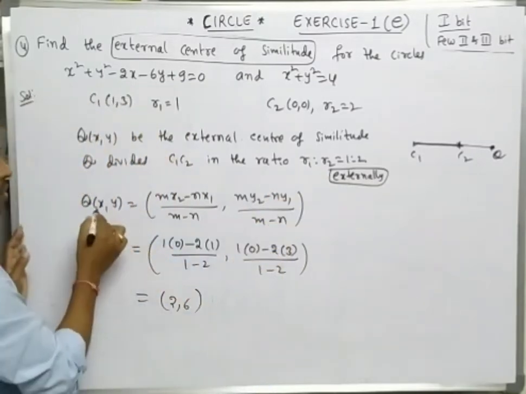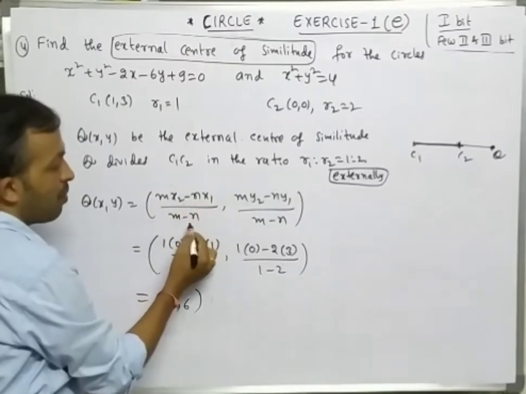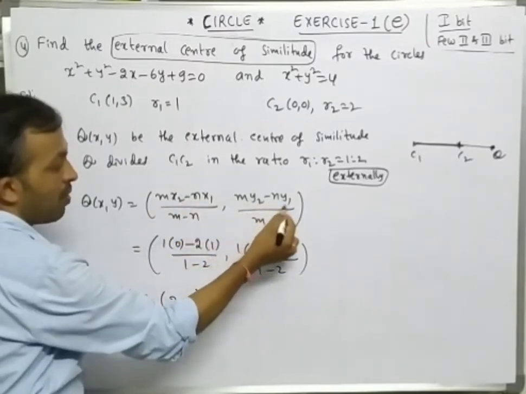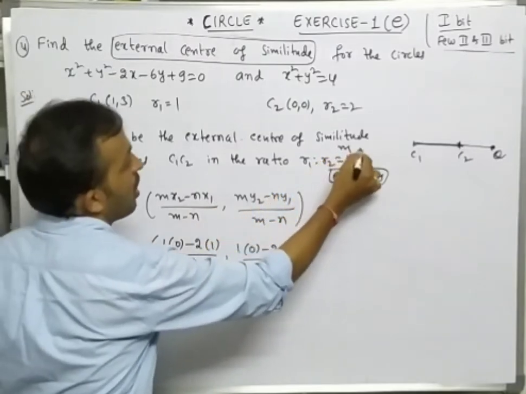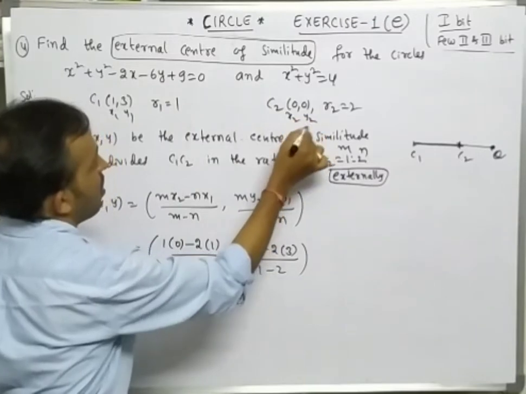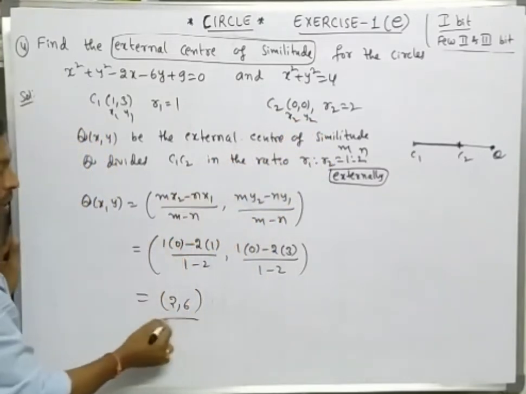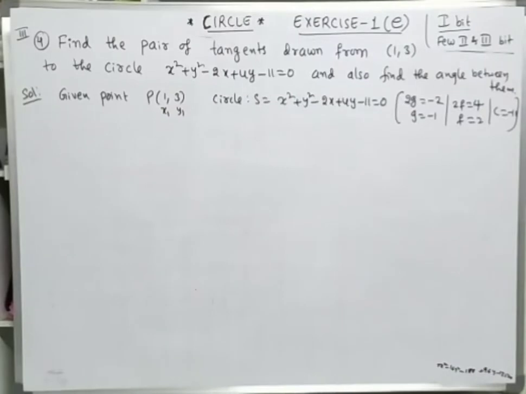If it is divided externally, the formula is (mx2 minus nx1) by (m minus n), (my2 minus ny1) by (m minus n). So substitute, let us take m, n, this is x1, y1, this is x2, y2. Substitute all the terms in this, you will get 2 comma 6. So this is the way of finding the internal center of similitude and external center of similitude. So the first bit problems are completed.